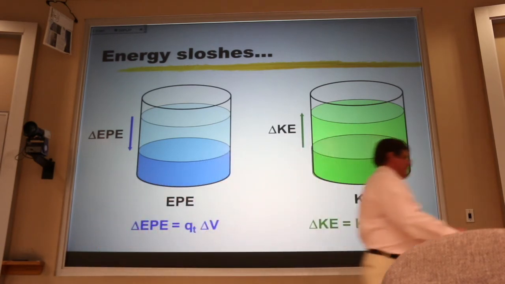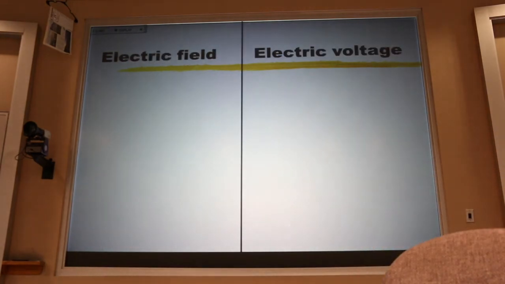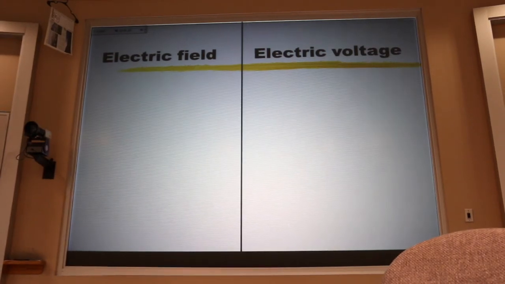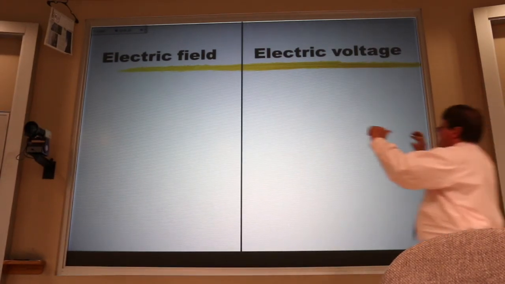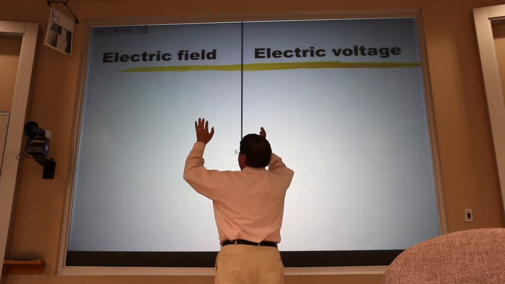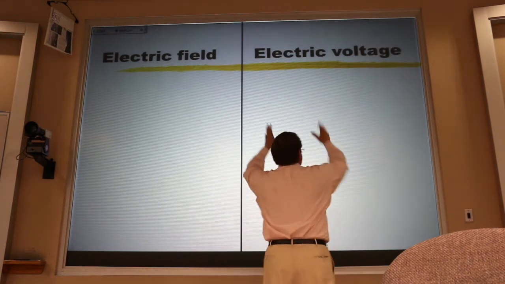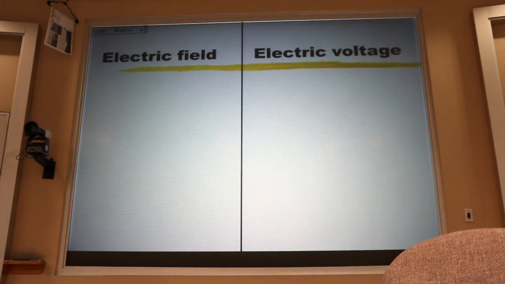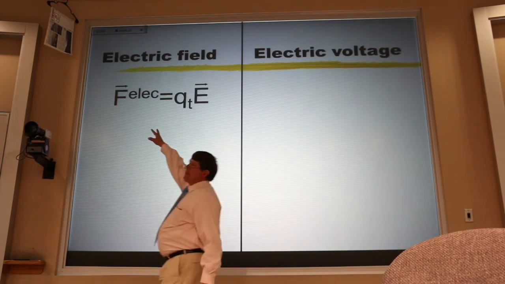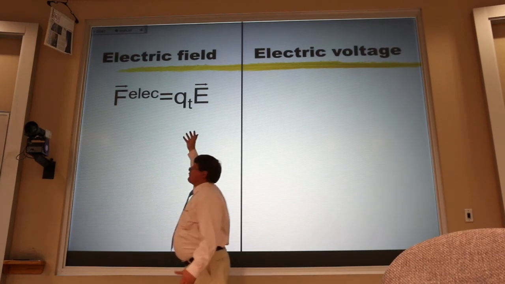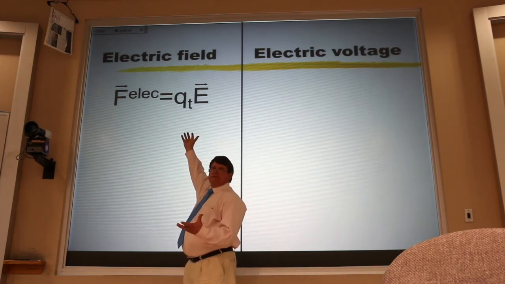Now, the other thing that I would like you to focus on during break, when you're not on a beach, is the fact that I have the same relationship with the electric field as I have with electric voltage. They are both rates. I have this equation relating the force that I care about to the electric field as just a gimmick.